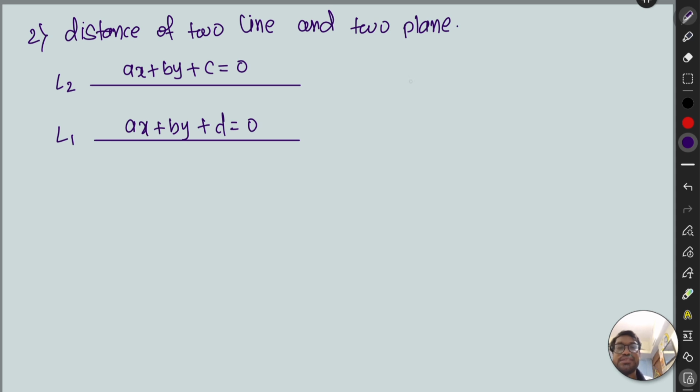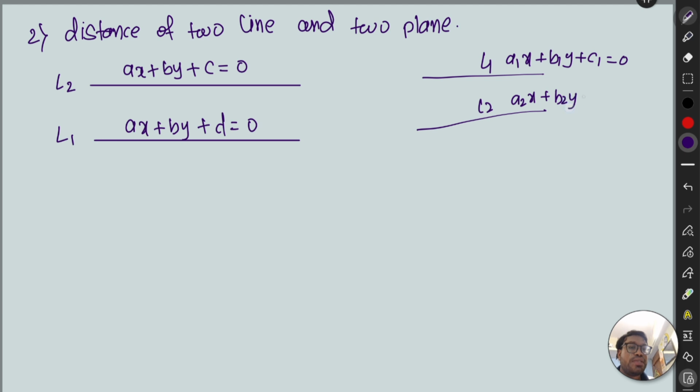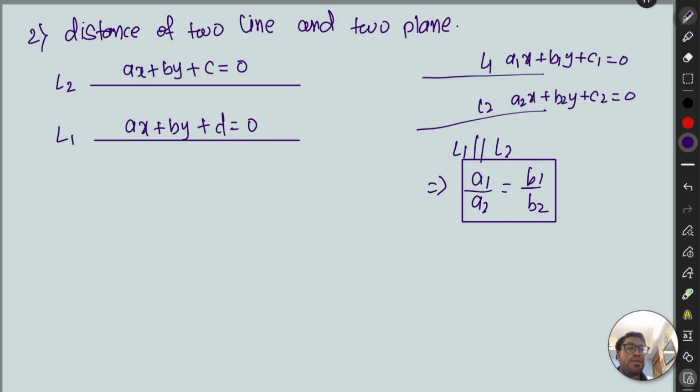Like if there is a line L1, a1x plus b1y plus c1 equal to 0, and another line L2, a2x plus b2y plus c2 equal to 0. So for L1 parallel to L2, there must be a1 by a2 equal to b1 by b2. This case is for parallel. And if we add c1 by c2, and all three are the same, then these two lines are coincident.